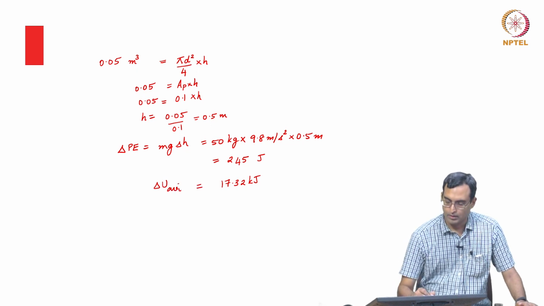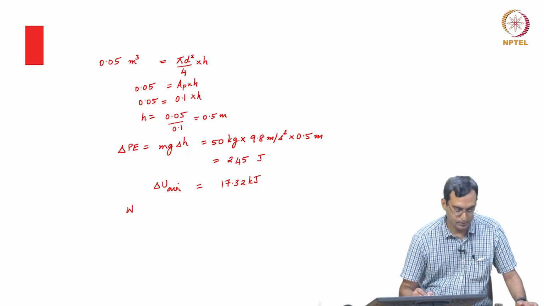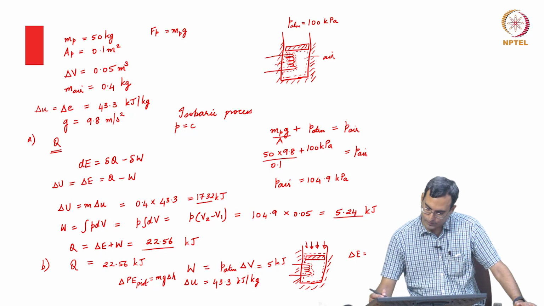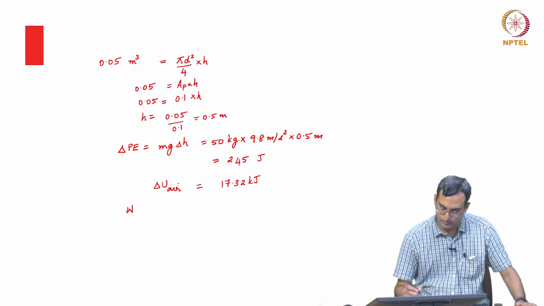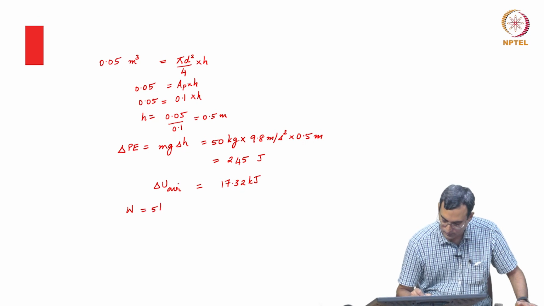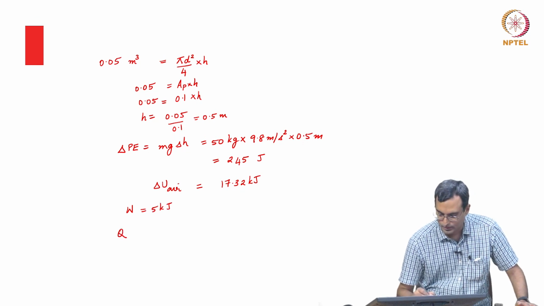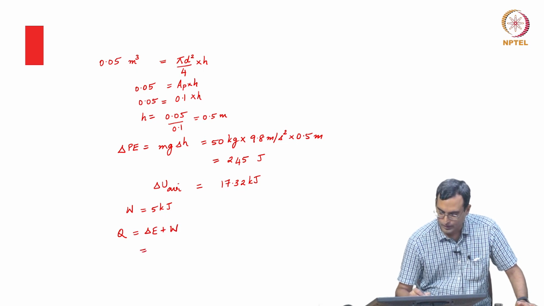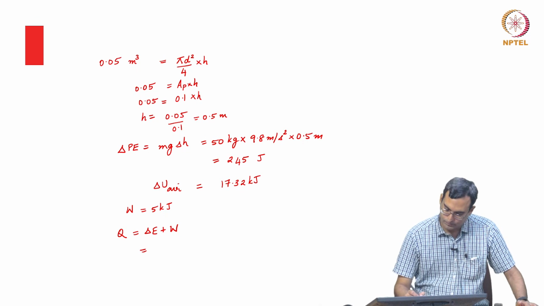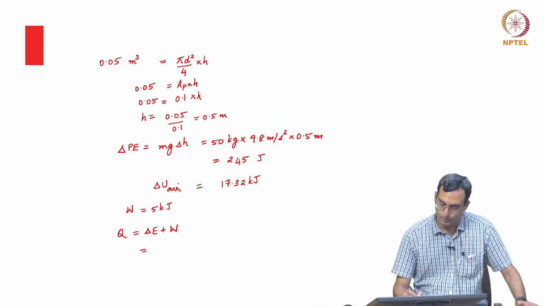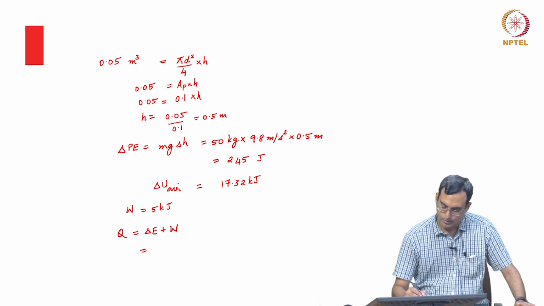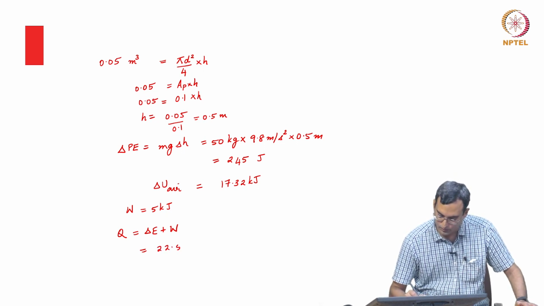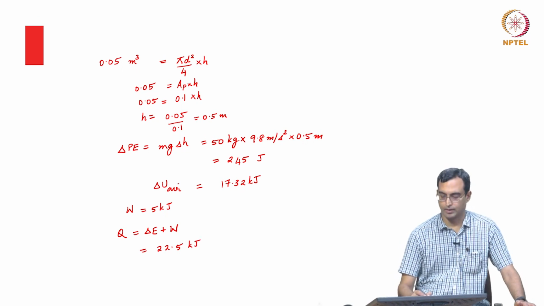The work now is, we had calculated that already, that is 5 kilojoule. So, heat transfer is delta E plus work, which is 5 plus 17 plus 0.245 kilojoules. So, this is about 22.5 kilojoule is the answer I get if I do this exercise.